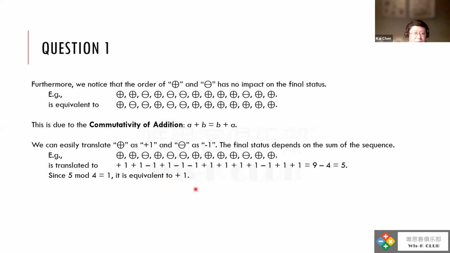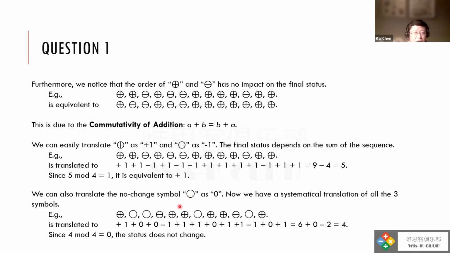And in addition, you might say, oh, what about a no change symbol? Because on the bottom we have the plus, we have the minus, but then we have also a circle without any sign in it. So the circle without any sign means no change, right? And here you can just translate no change as 0, because 0 is no change, no matter whether it's plus or minus.